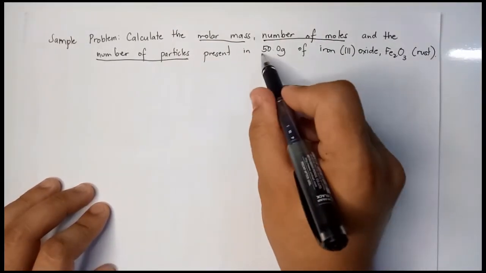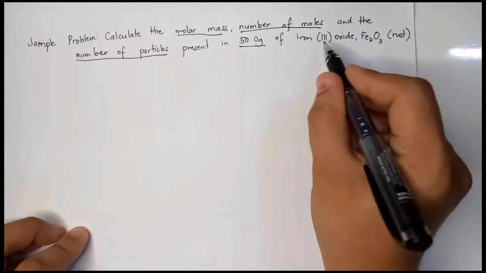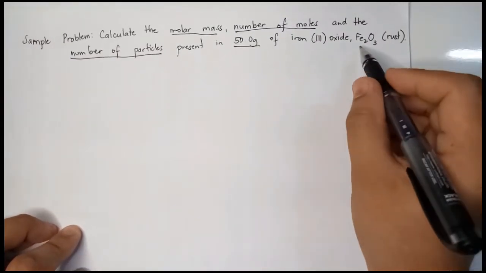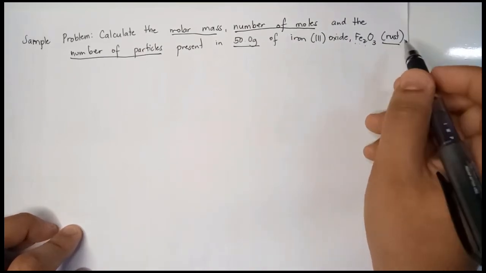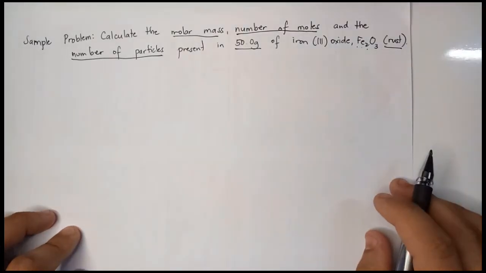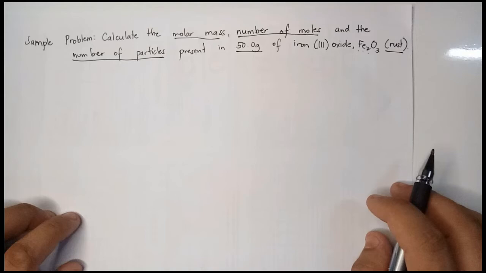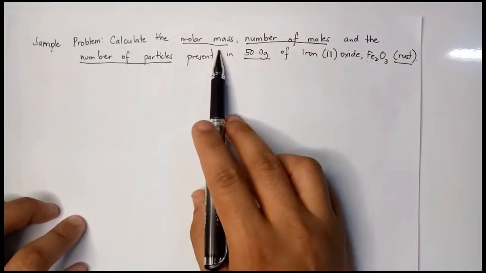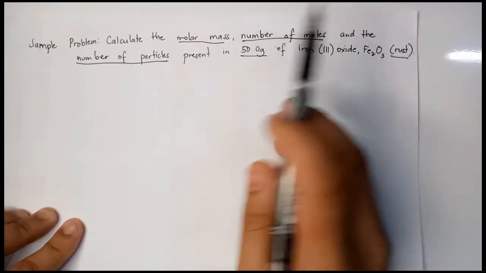Present, kay 50 grams of iron oxide, or kung mapapansin nyo, we have Fe2O3 or rust, kalawang. So, dun daw sa 50 gram ng iron oxide o ng rust, calculate daw natin yung molar mass, ilan yung number of moles at number ng particles na meron doon.